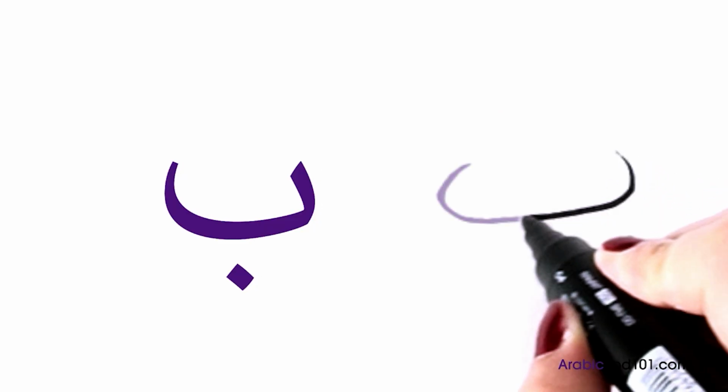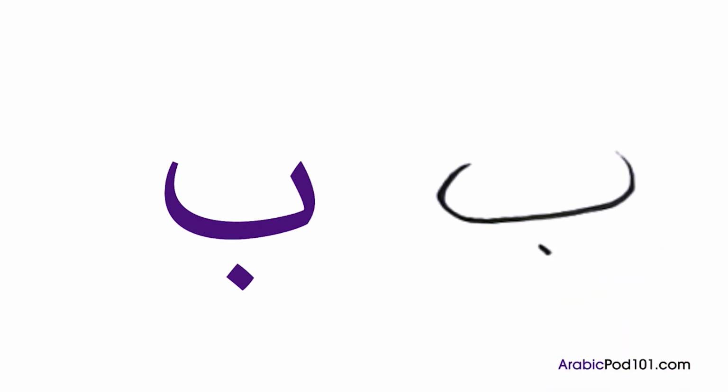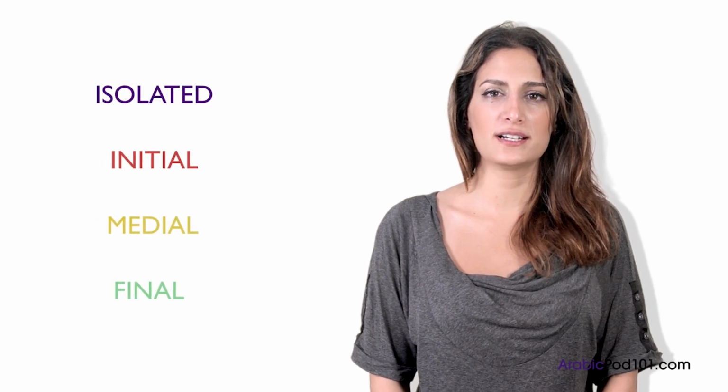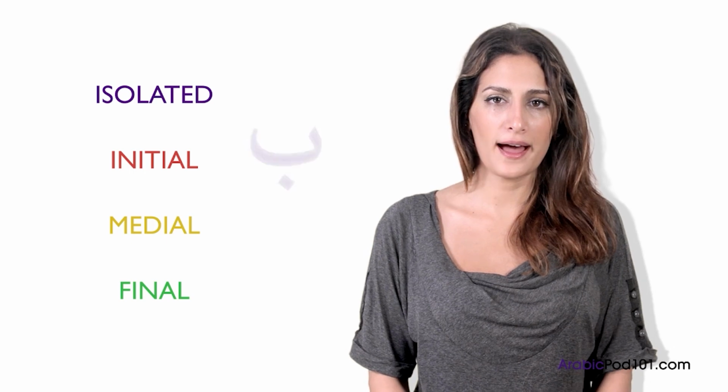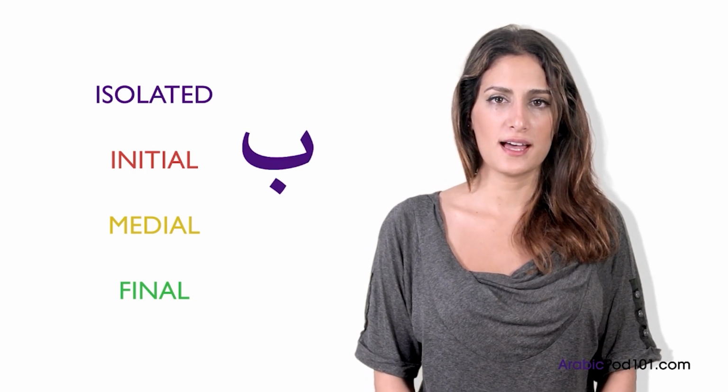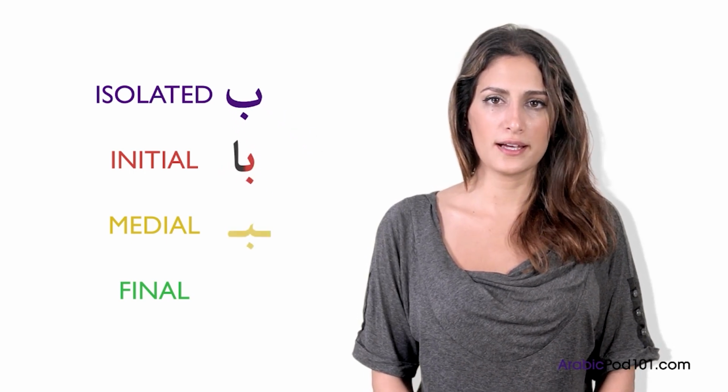Our first letter of this lesson is ba, and yeah, it makes a B sound. You can remember this because the dot is below the boat shape. Let's study the different ways to write it together. Now you write it. Ba. As we studied in the previous lesson, there are many forms for every letter in Arabic. The letter ba has four possible positions: isolated, initial, medial, and final.